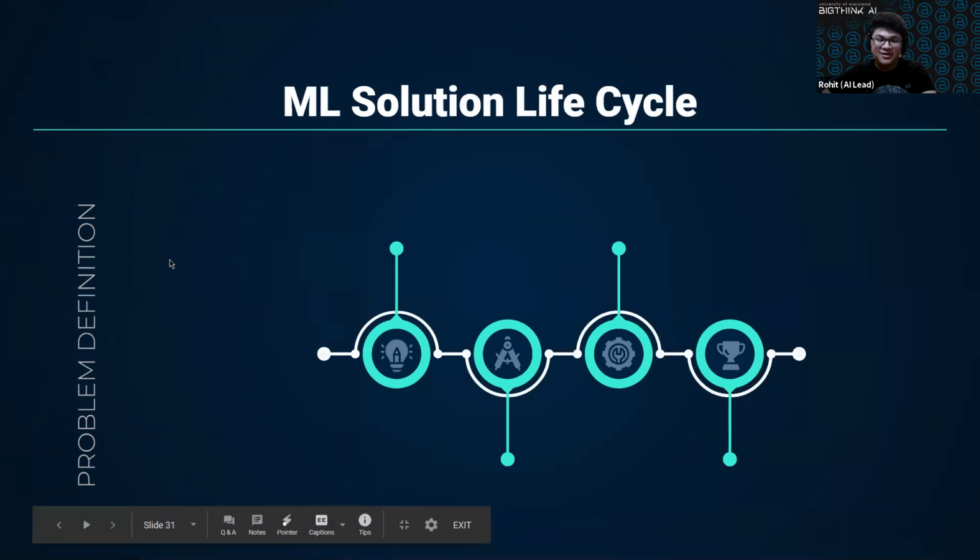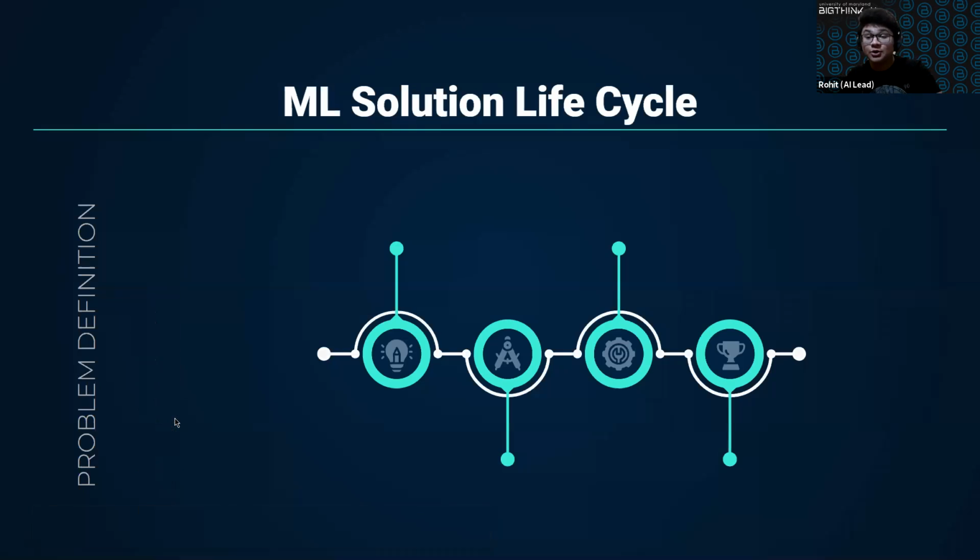So problem definition, we need that. We need to be very clear. And that includes something called performance metrics. We're going to study those later in the semester, but performance metrics are how you assess whether your model did a good job or not. And it's usually not as simple as how many it got right versus how many it got wrong. It gets a lot more complex than that.